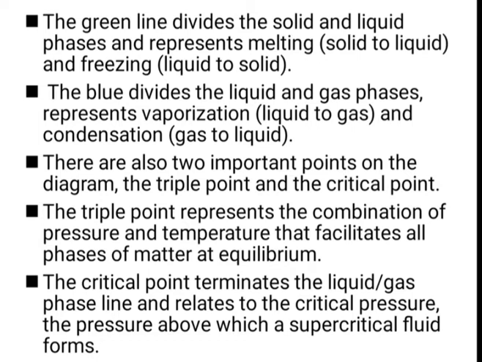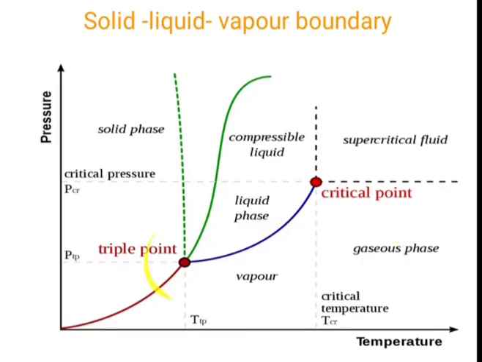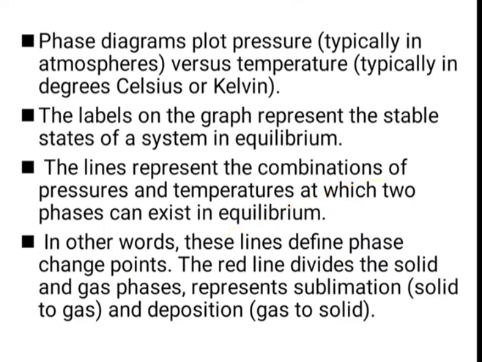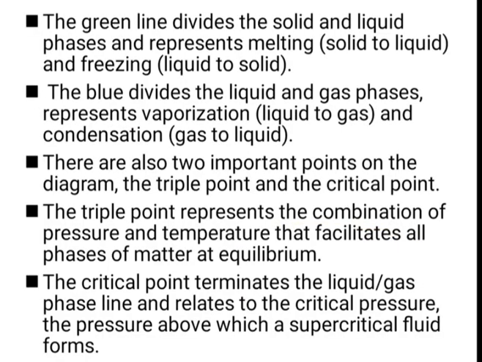And there are also two important points on the diagram, the triple point and the critical point. These are the 2 points which are very important. The triple point represents the combination of pressure and temperature that facilitates all phases of matter at equilibrium.